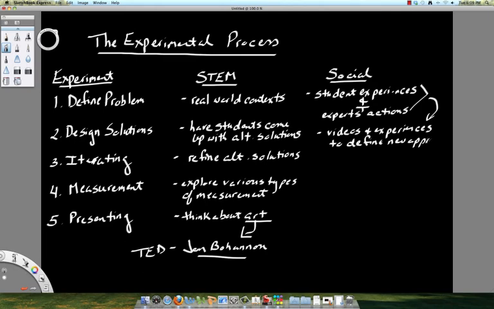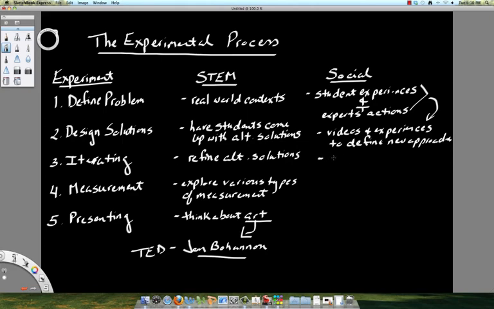Just because one type of experience or one type of action worked well in a particular place at a particular time doesn't mean that it's going to work in ours. And having students understand the similarities and differences between experiences is really important for both English and social studies students to understand.